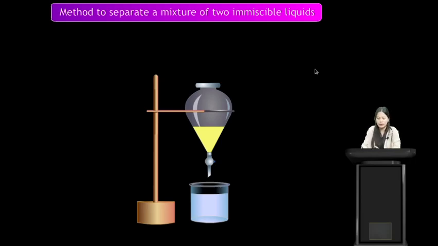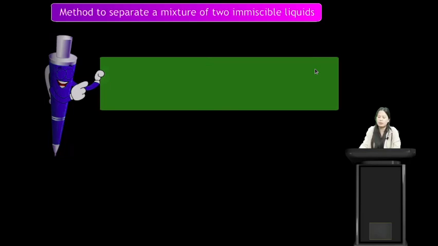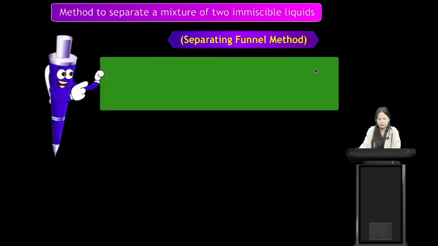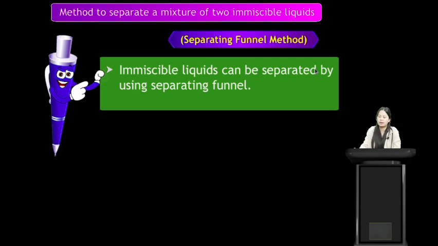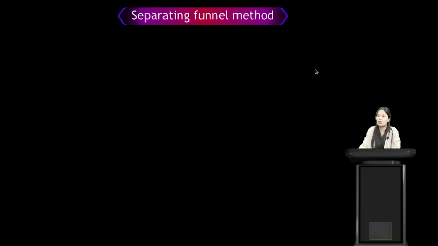So this is how we separate two immiscible liquids by using a separating funnel, and this method is known as the separating funnel method. So immiscible liquids can be separated by using a separating funnel. This is another method to separate components of a mixture.